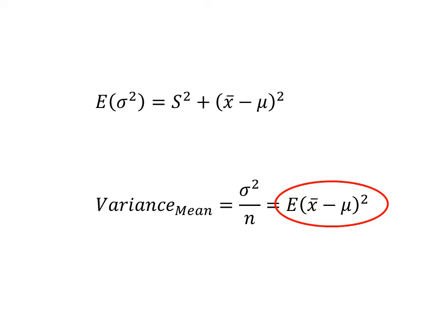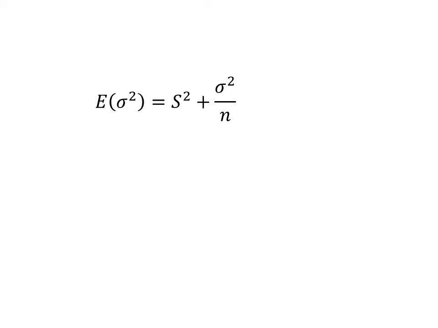Mathematically, that's expressed as the expected value of x bar minus mu squared. Seeing the link between x bar minus mu squared and sigma squared divided by n, we can go back to our expected value for sigma squared and replace x bar minus mu squared with sigma squared divided by n. Sigma squared is the expected value for sigma squared, so we'll replace sigma squared with the expected value for sigma squared.